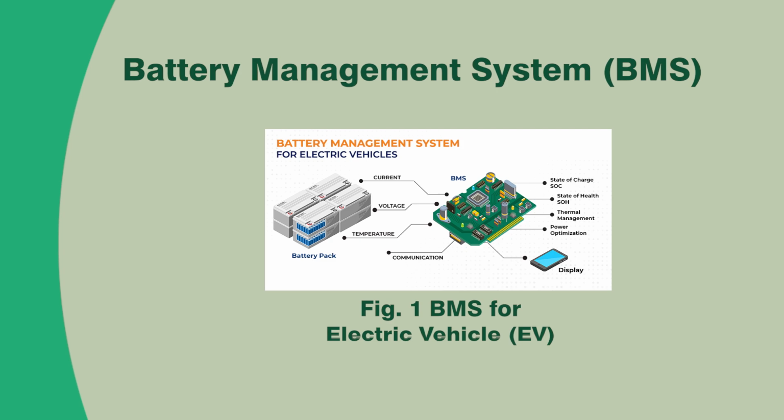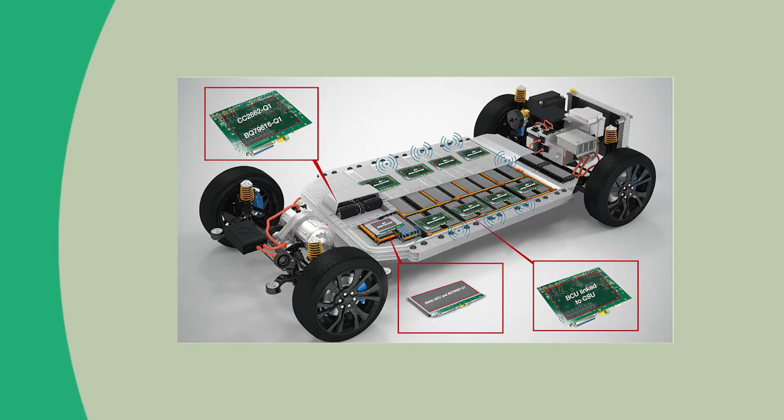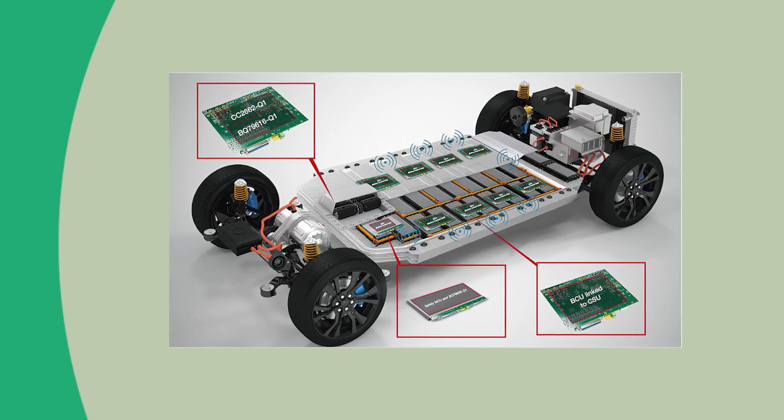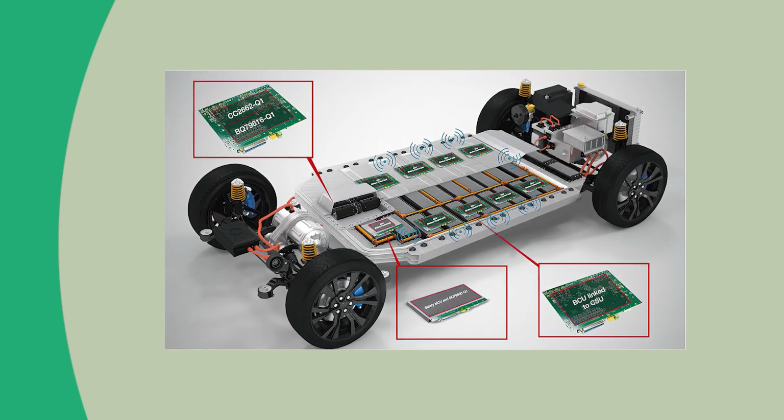So we can say the BMS is considered as a link between the main battery pack and the external devices, including your charger, your load, your display systems and other peripherals. The main function of the BMS here is to monitor, protect and optimize the performance of the battery pack. The BMS is the electronic circuit which forms a link between the main battery pack and external peripherals.